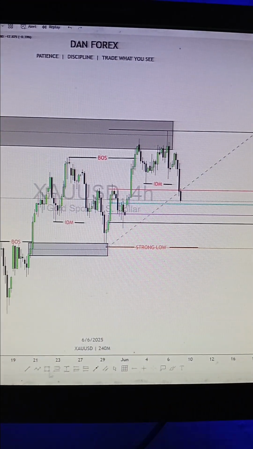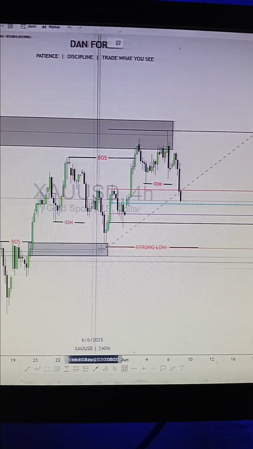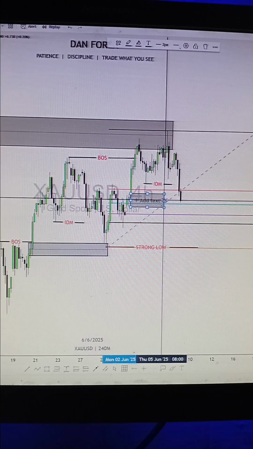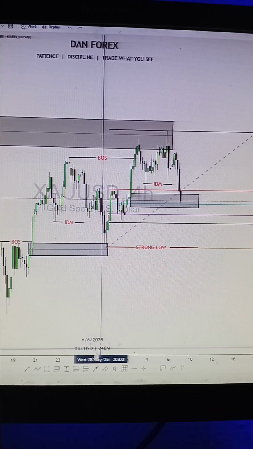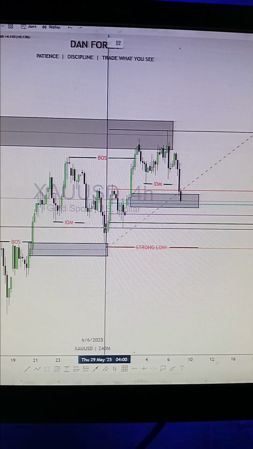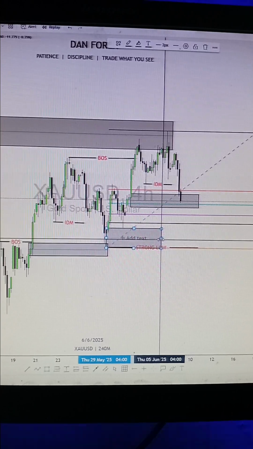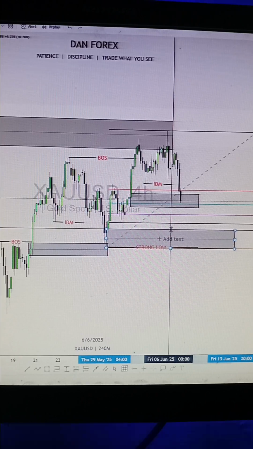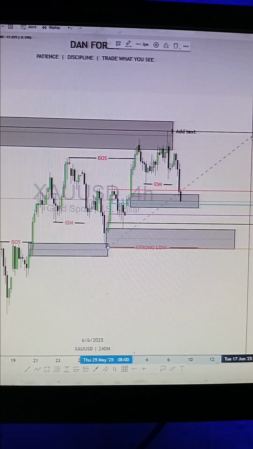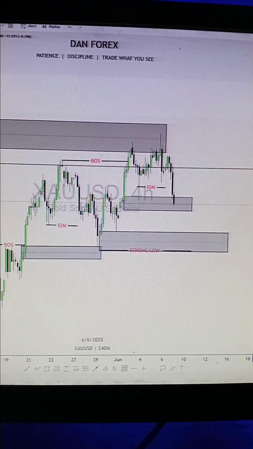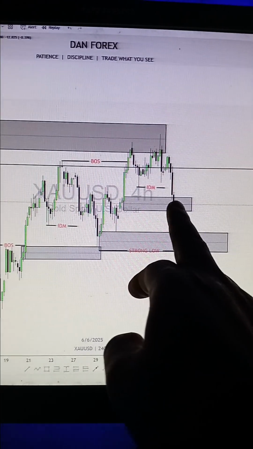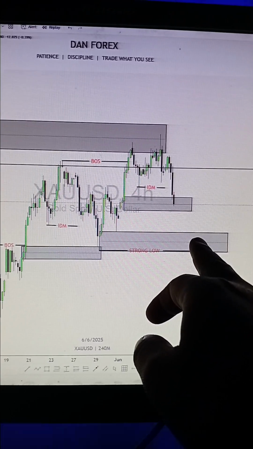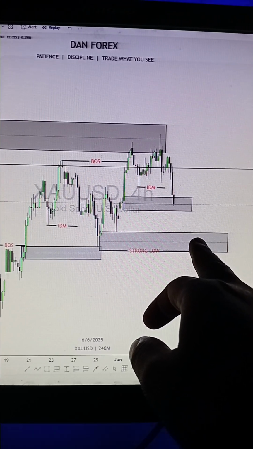So the demand zone we are supposed to be buying from is either this area at the 50% where the market has tapped, or the extreme level. So we can refine this week to around that area. So on Monday we are expecting either to buy from here or from this area.